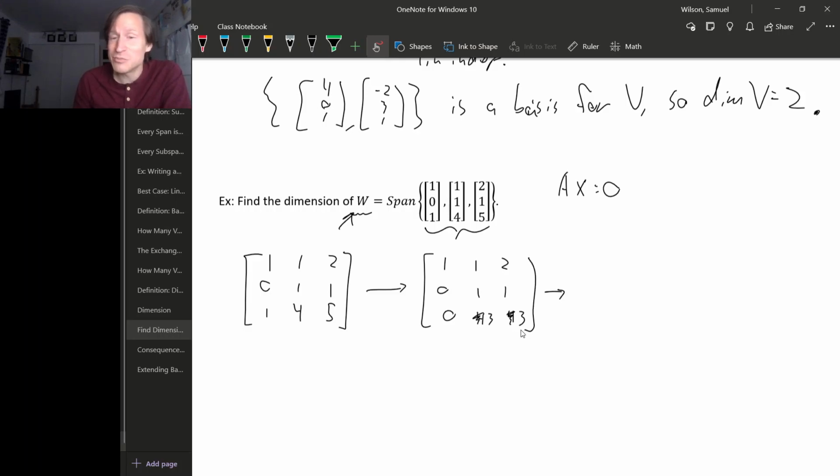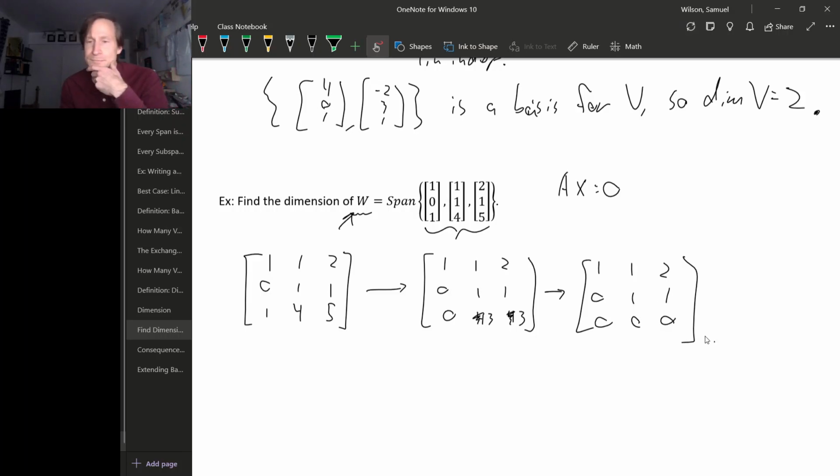And then we can subtract 3 times row 2 from row 3, and that gives us 1, 1, 2, 0, 1, 1, and then 0, 0, 0. So this is telling us, first of all, that because this row echelon form has a column with no pivot, these three vectors are linearly dependent.